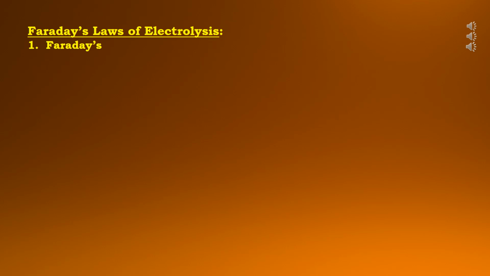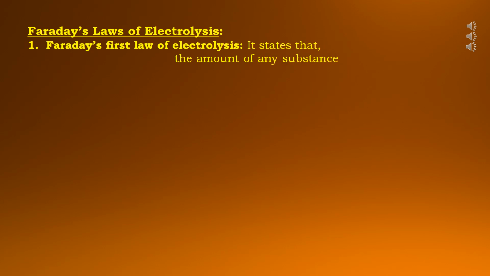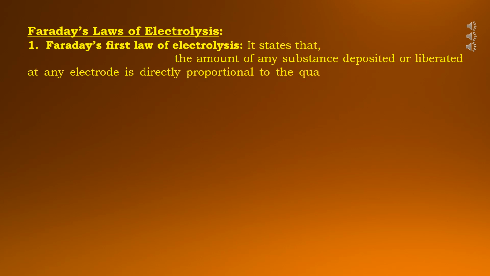Now let's discuss Faraday's laws of electrolysis. So the definition of Faraday's first law of electrolysis is, it states that the amount of any substance deposited or liberated at any electrode is directly proportional to the quantity of electricity passed through the electrolyte.